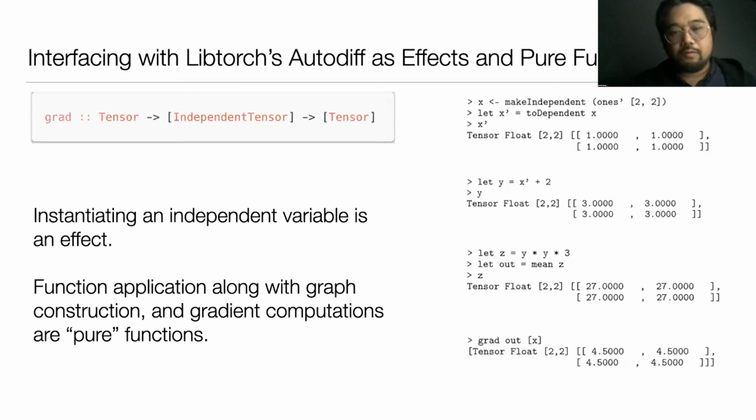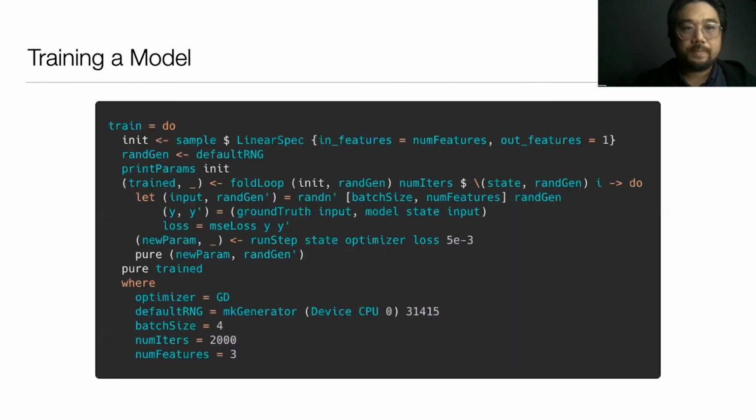I know there's a lot of work in the functional programming world to make the representation of automatic differentiation more explicit, and that's something we can explore in the future. But for now, we can piggyback on the capability that Libtorch provides us to get these gradients for any Libtorch function or any composition of Libtorch functions.